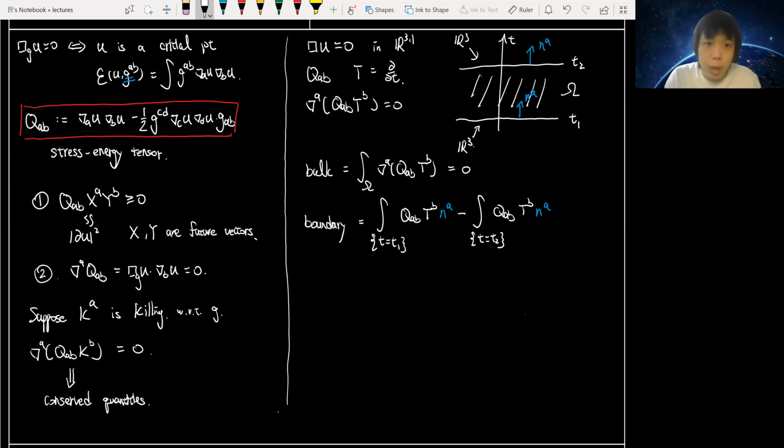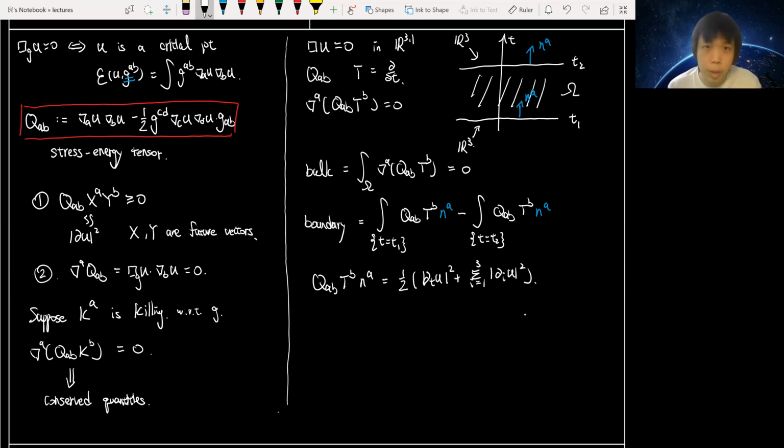Okay, now the energy condition, the positivity, comes into play. The integrand Q_AB T^B N^A is non-negative, and more precisely, it is of the following form: a half (∂_t u)^2 plus the summation i from 1 to 3 of (∂_i u)^2.